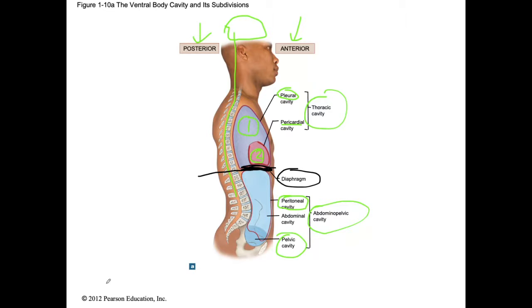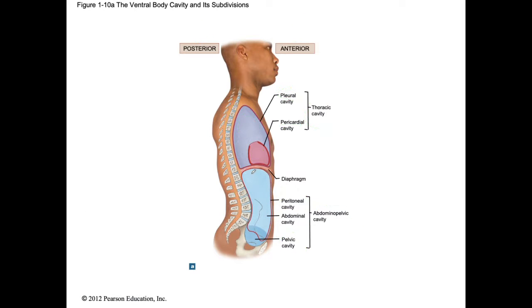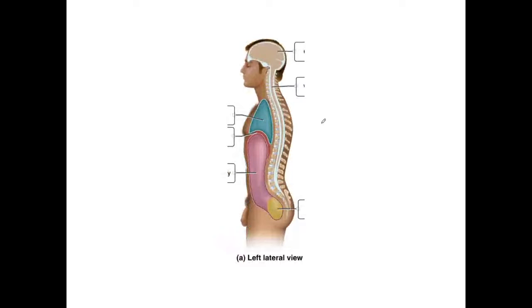And what's unique about the diaphragm is that it has attachments to the heart and to the spine. Diaphragm is really important muscle, okay? But it does separate the thoracic cavity from the abdominal pelvic cavity.